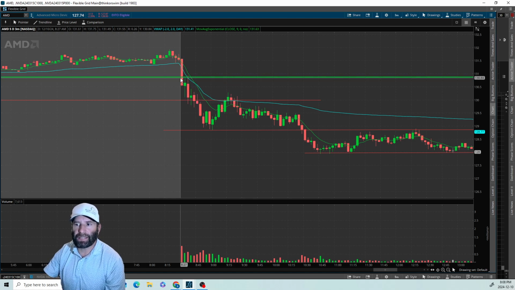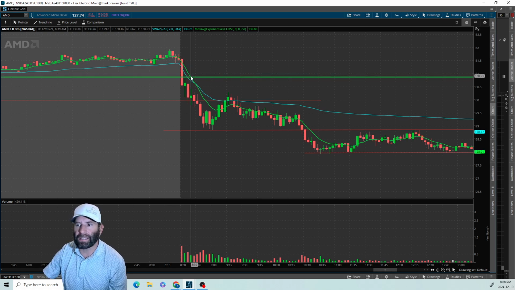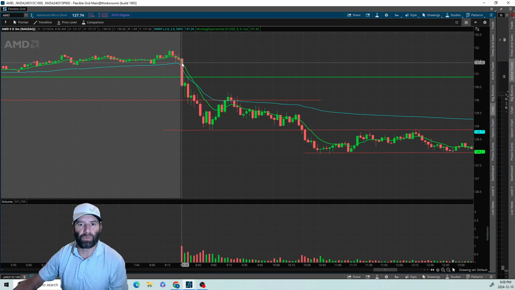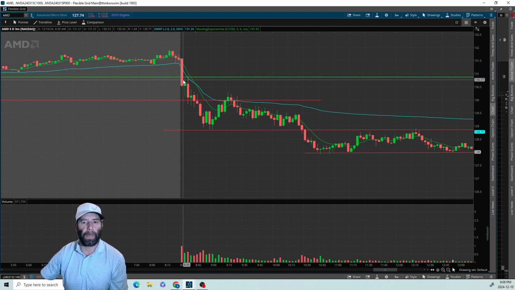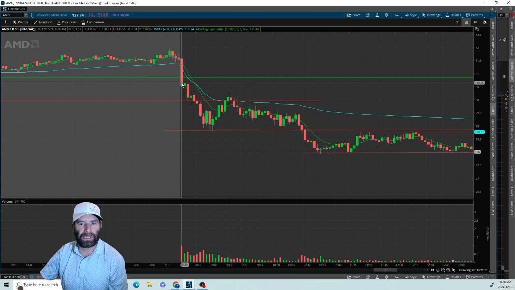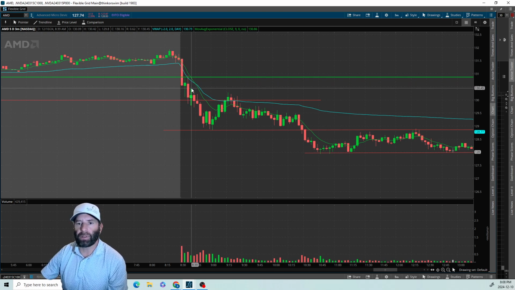I don't like to take entries on the first candle of the day because it's a period of price discovery, and it can be really volatile, lots of whipsaws, and I just don't like to get involved because it's hard to protect your risk. So I like to let it open, find some areas where I can risk to, and then look for entries.